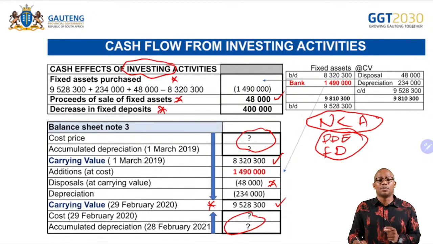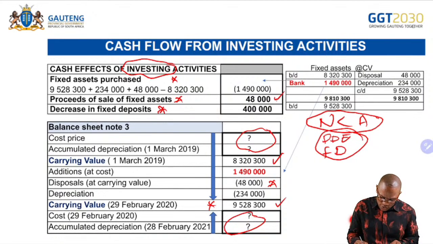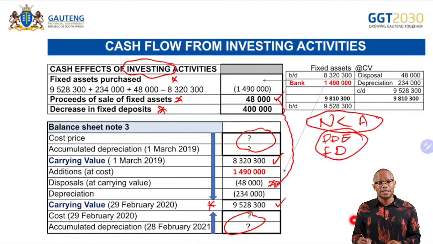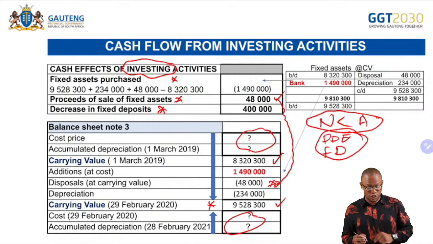They said it's proceeds on sale of fixed assets. You must know that your proceeds from sale of fixed assets are the same as your disposal at carrying value. So you take the 48,000, you will write it there on your note. There it is, must put it in bracket as you know the note.